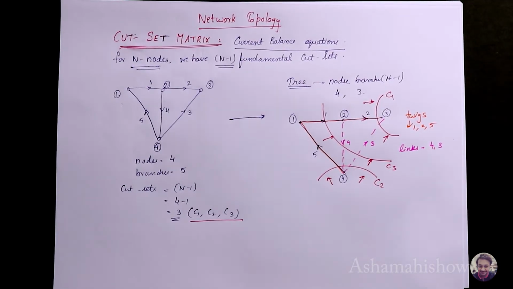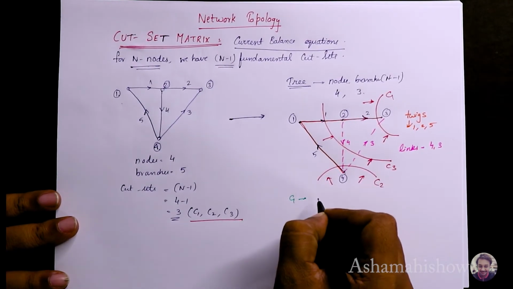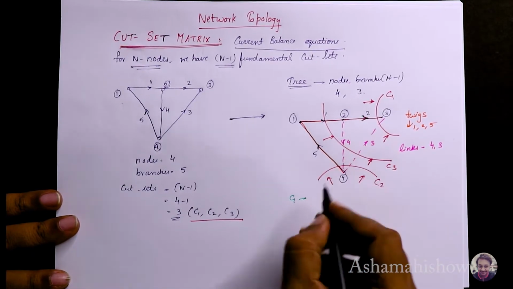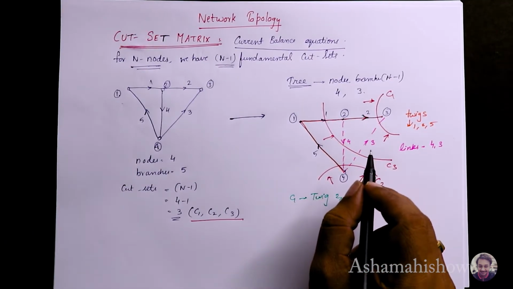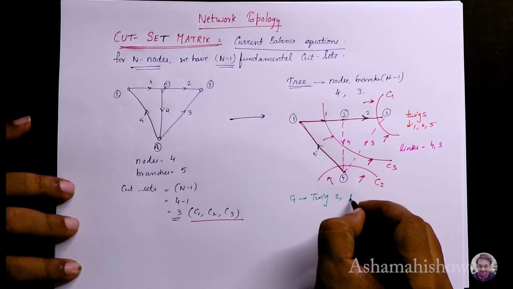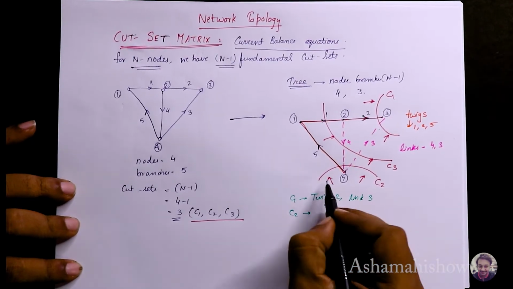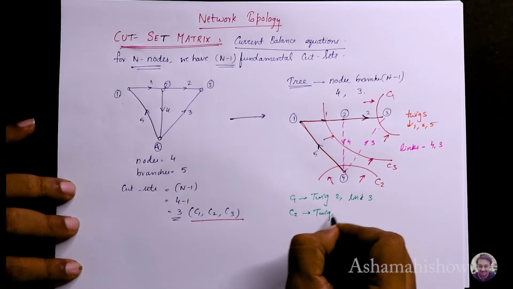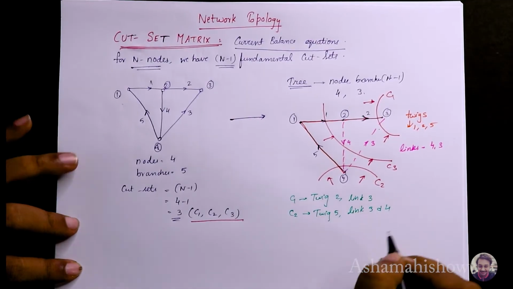Now the real thing is, see, your cut set C1 is linked with how many branches? It has twig 2, because all twigs are selected branches; a twig is a branch which is selected for the tree. And this is link 3. Now your C2 is this, right? It has the direct branch, so twig 5 and links 3 and 4.